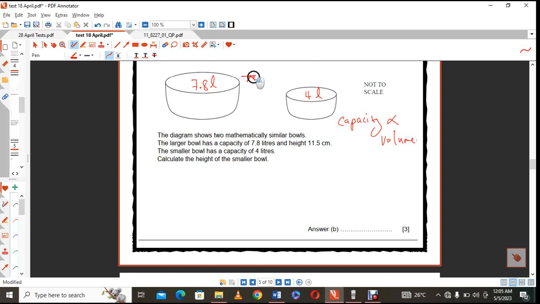You are told that the height of the big one is 11.5 centimeters, and we are supposed to find the height of the smaller one.